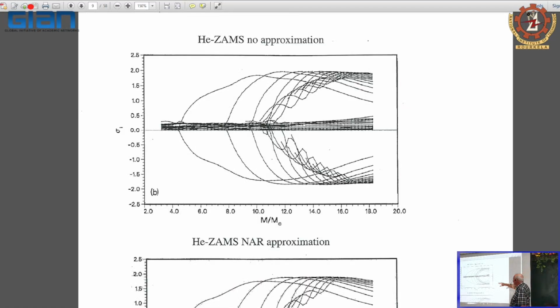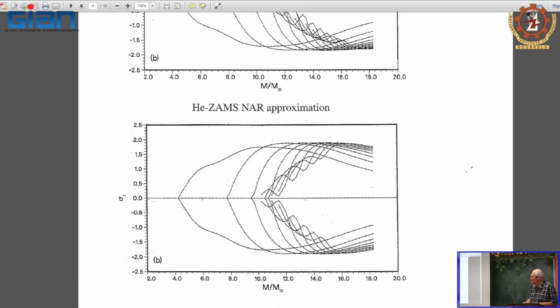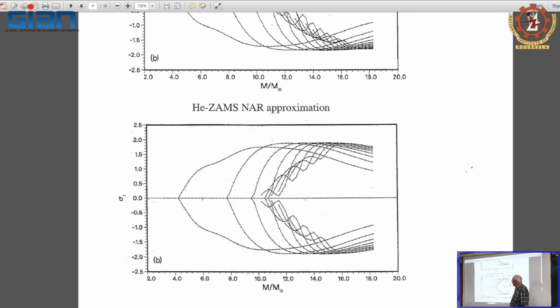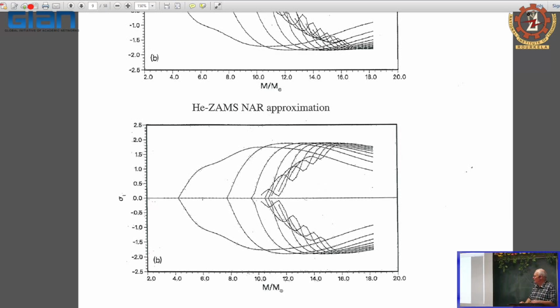But all these normal modes in fact collapse to 0 imaginary part, and now the pairs of complex conjugate modes become exactly complex conjugate, whereas in the full problem they are only approximately complex conjugate, and we are left with a much nicer diagram. All ordinary modes have 0 damping rates, and the complex conjugate pairs are pretty similar to the unrestricted, not approximated, full non-adiabatic problem.